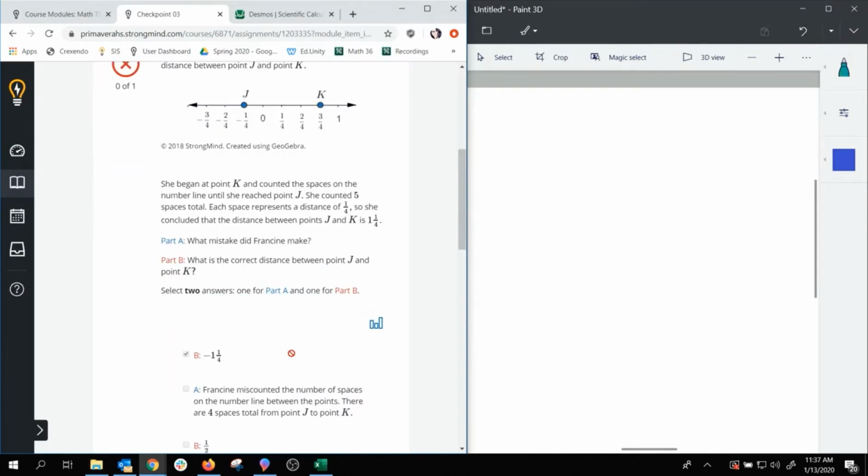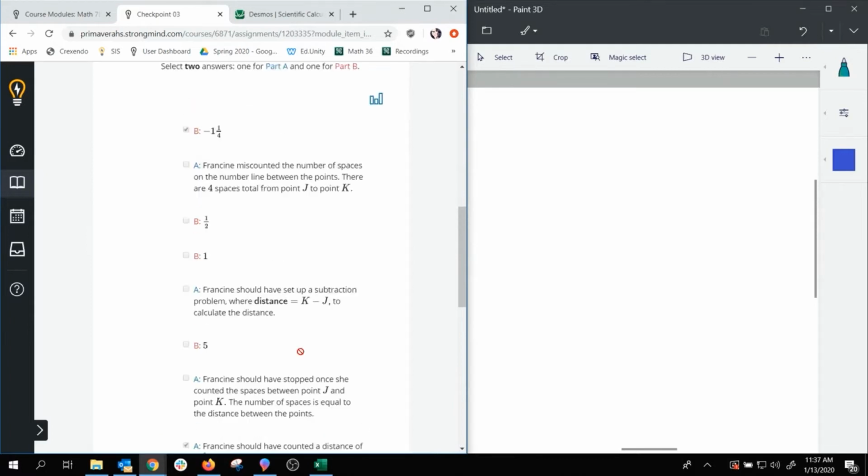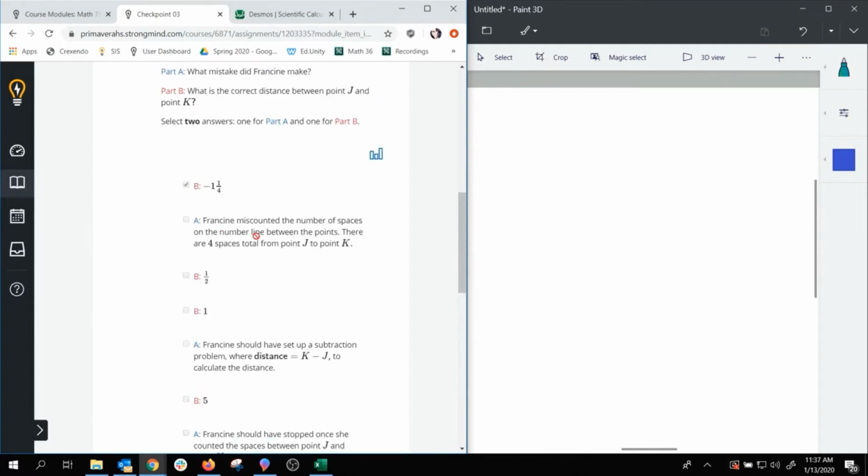So the mistake is that Francine miscounted the number of spaces. There are 4 total spaces from J to K. That one, just like you said.